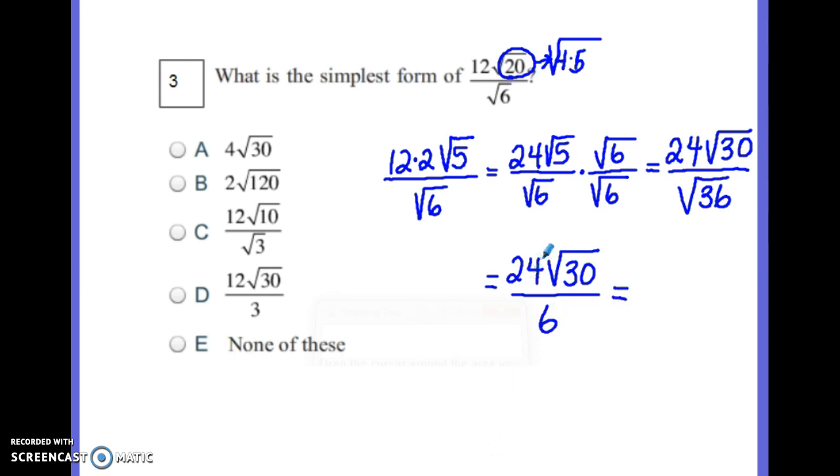Then we can reduce the 24 and the 6. So 24 divided by 6 is just 4. And then the square root of 30 remains. Therefore, our answer choice is letter A.